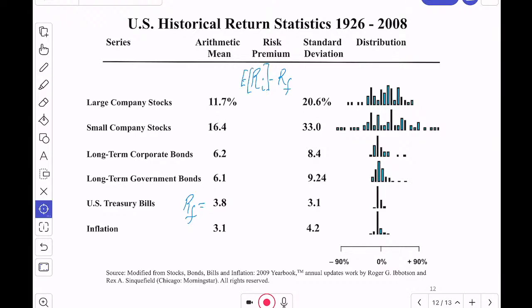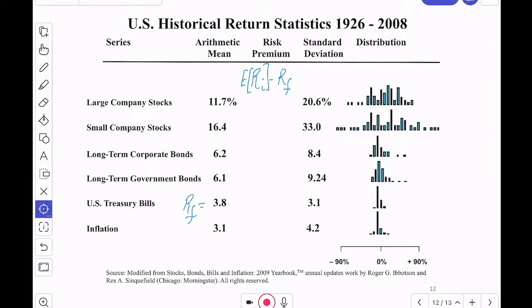So that captures that it's a mean, but it's the expected value because of the volatility. So compute the risk premium for each class of assets.